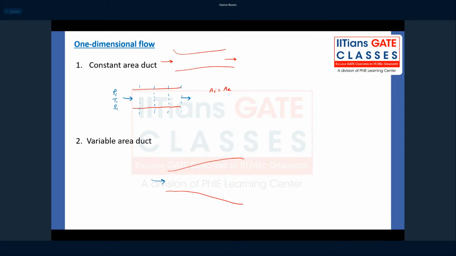Yes, obviously, right? We know that as the area changes, the flow has to adjust itself to allow the same mass flow rate to pass through.